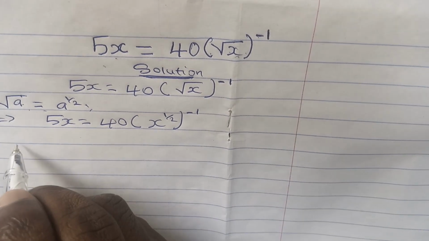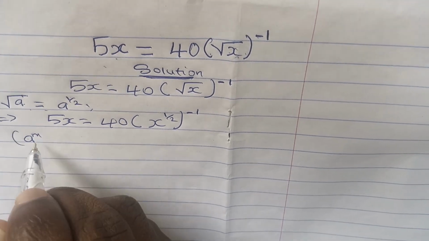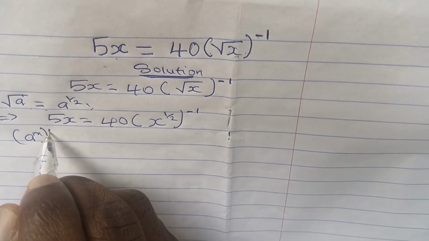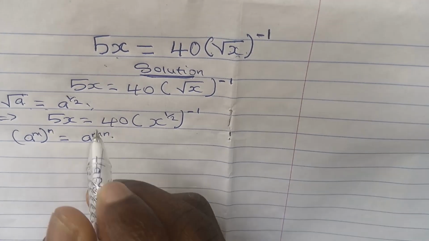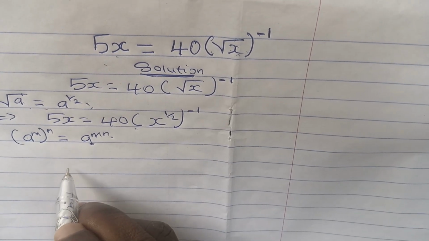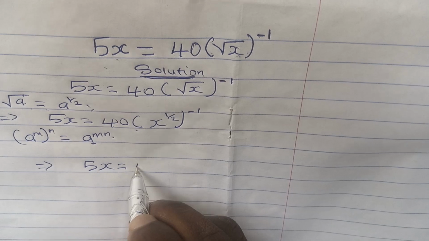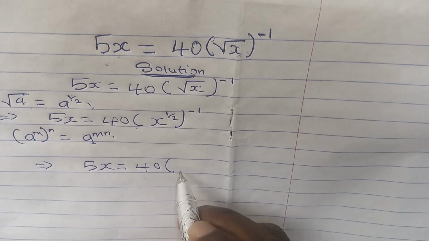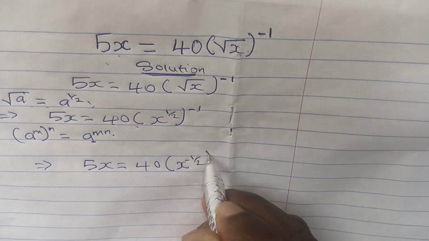Also recall, if we have (a to the power of m) to the power of n, it implies a to the power of mn. If we put this rule here, we have 5x is equal to 40 times x to the power of -1 over 2.